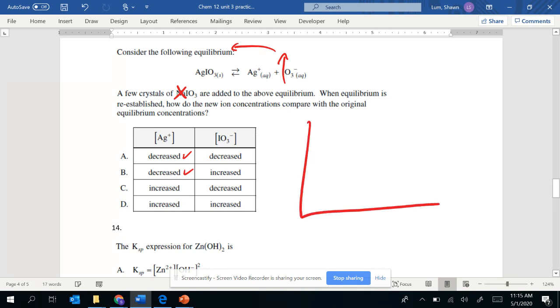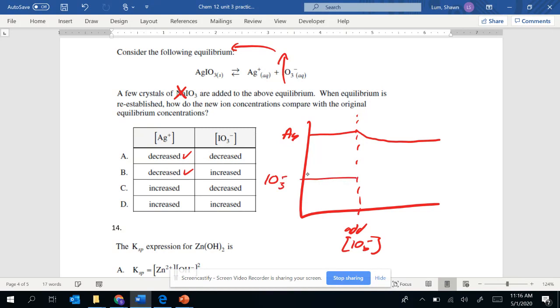Now, we had the exact same question earlier, but if here was my Ag concentration, it shifts left, it's going to decrease like that. So here's our Le Chatelier graph, and we added IO3 minus. Here is our iodate, IO3 minus.